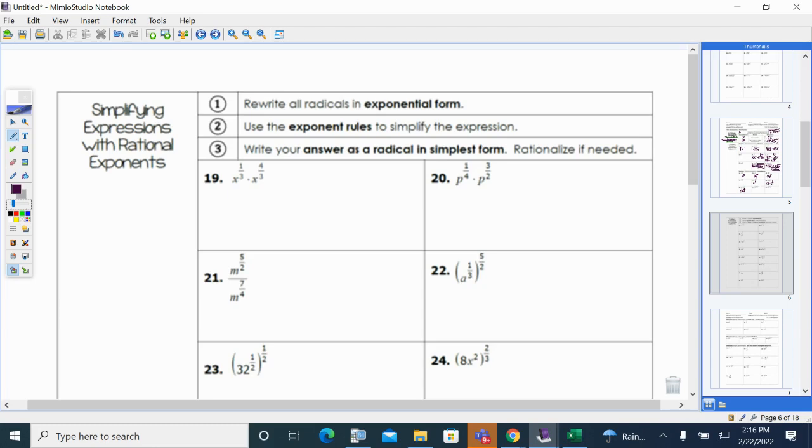All right, let's keep going here. Simplifying expressions with rational exponents. In order to do this, we're going to have to quickly review our rules of rational exponents. So first, we want to rewrite all radicals in exponential form. Then we're going to use our exponent rules to simplify the expression, and then we're going to write our answer as a radical in simplest form, rationalized if needed.